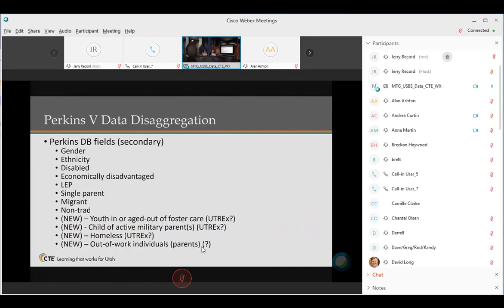The reality is we may not be able to collect it. And if we can't collect it, we'll just say that we can't collect it. We'll collect the ones that we can, and if we can't, then we'll write that into our state plan, that we cannot collect that particular disaggregated data point.